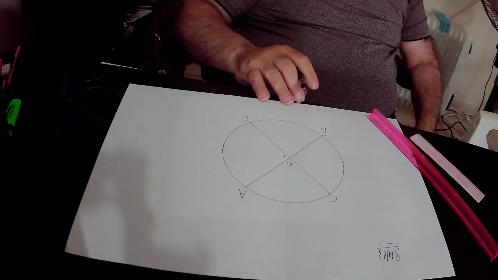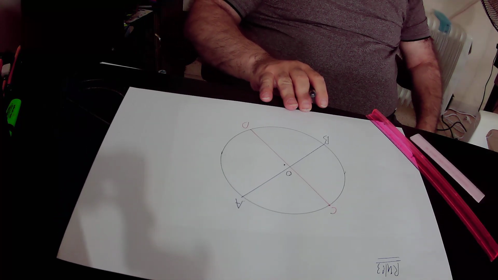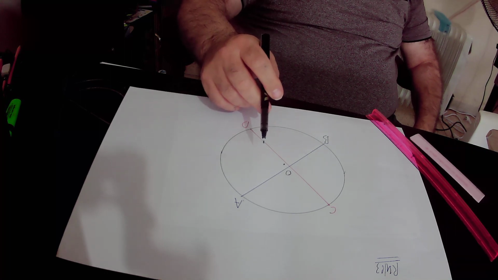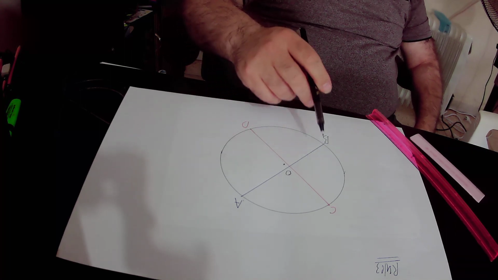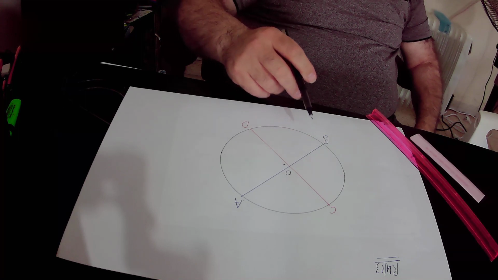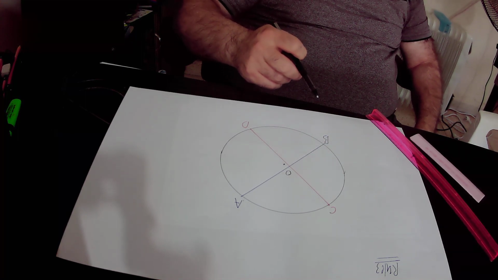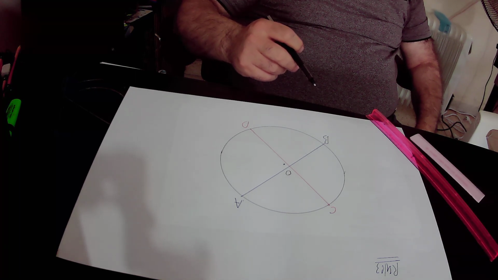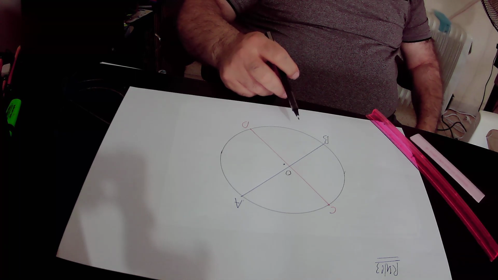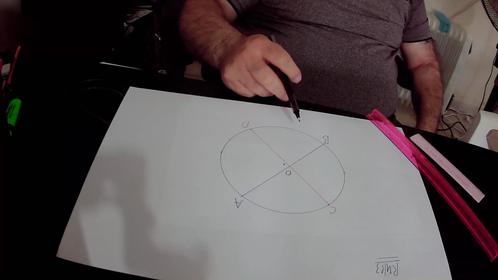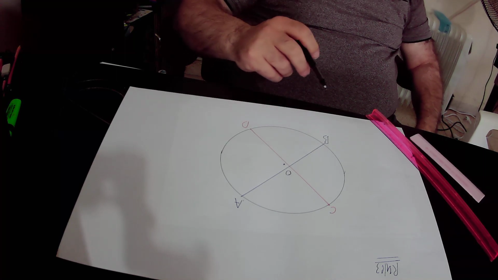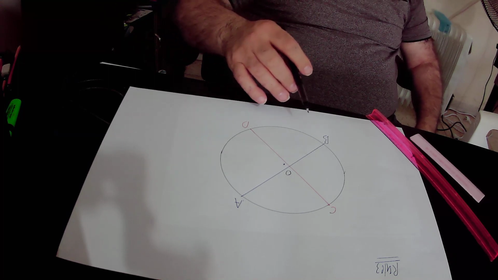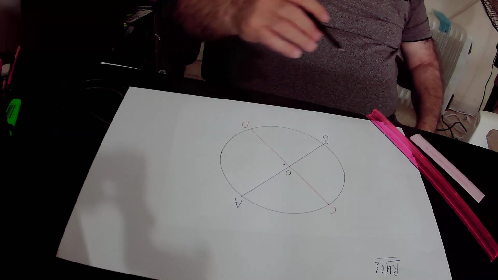So if we have two chords like here in this drawing, two chords that intersect with each other inside a circle, then the following relationship exists between the parts of the chords.